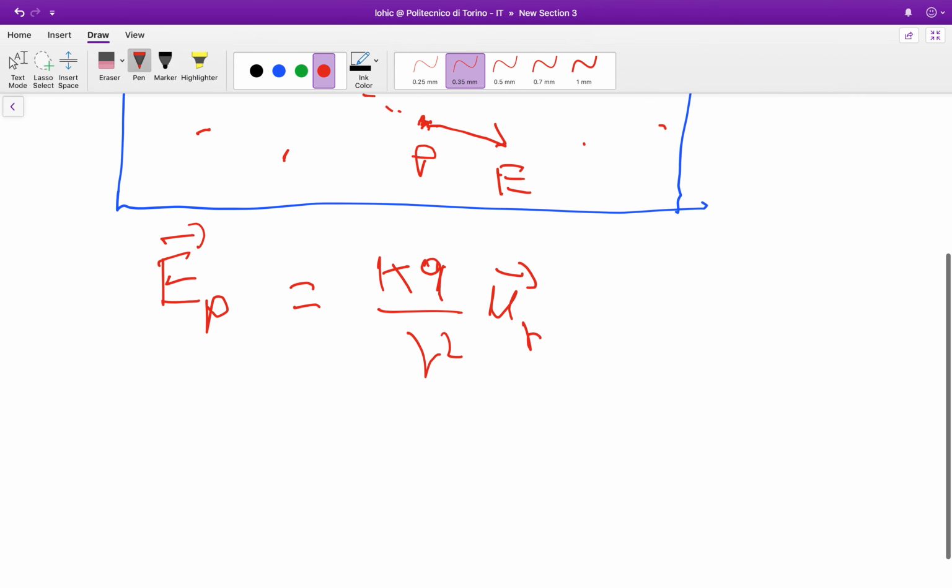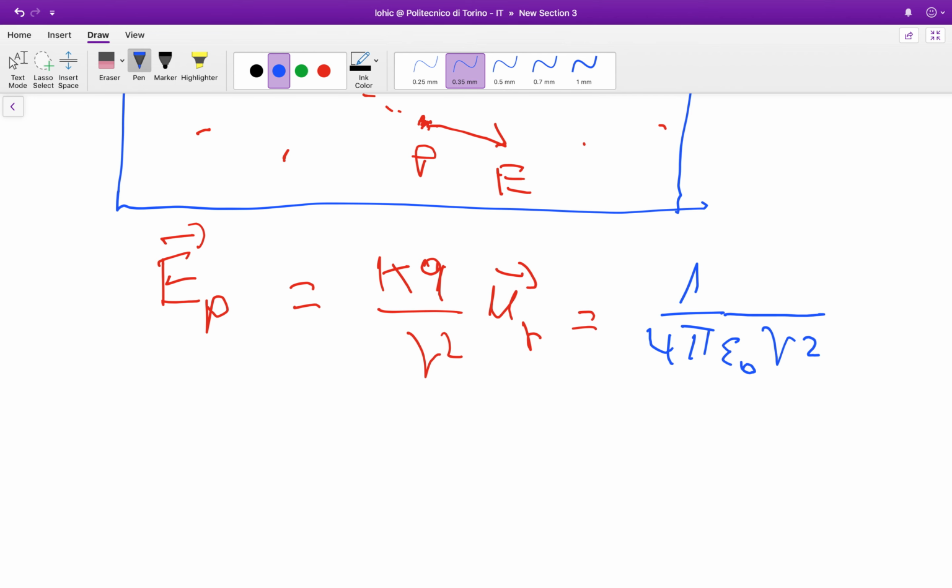Now we said that from this definition, some people like to use instead of K, basically 1 over 4 pi epsilon 0 multiplied by R square, and then Q. Yes or not? And the direction vector.